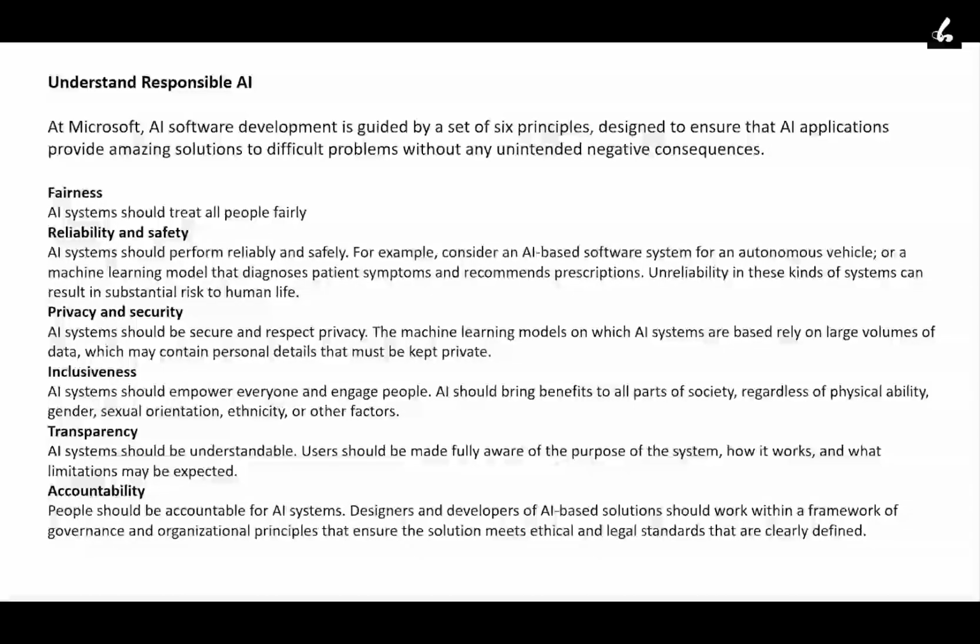So these are all the principles set by Microsoft Azure in their AI programs. So we have discussed that, and this is all about the first lecture where we have discussed the fundamentals of artificial intelligence with respect to Microsoft Azure services.